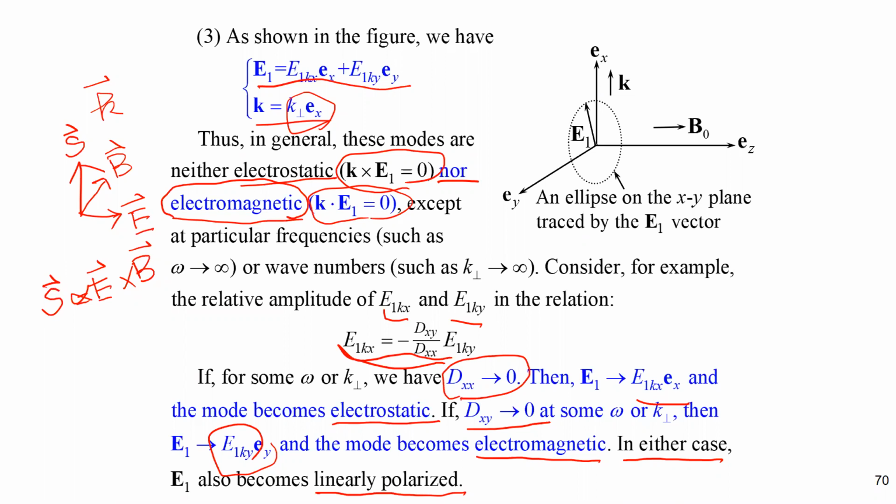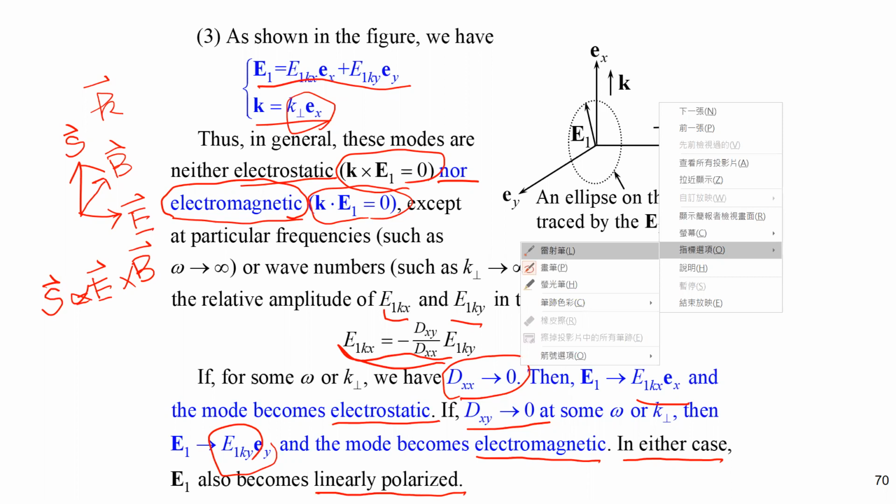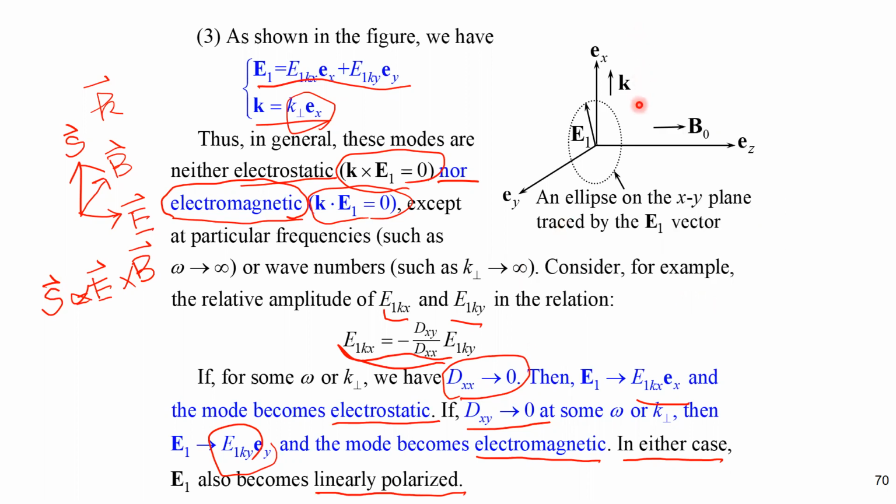Last time we talked about electric field here. Okay, we talk about electric field propagating in K direction, perpendicular to the magnetic field.